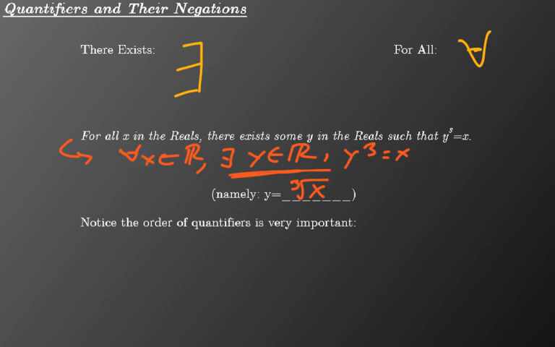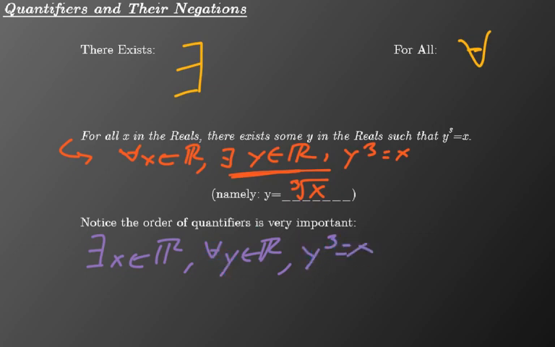Orders of quantifiers is really important. To show you how different the statement is, if I just switch the quantifiers here, this all of a sudden really doesn't make sense. So now it's saying there is some x, so x is fixed, such that for all the y's in R, y cubed is x.